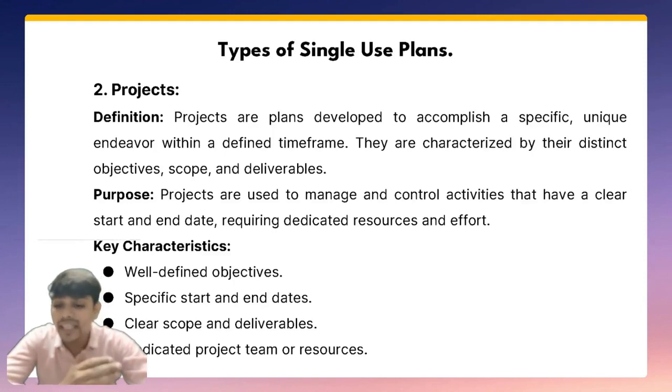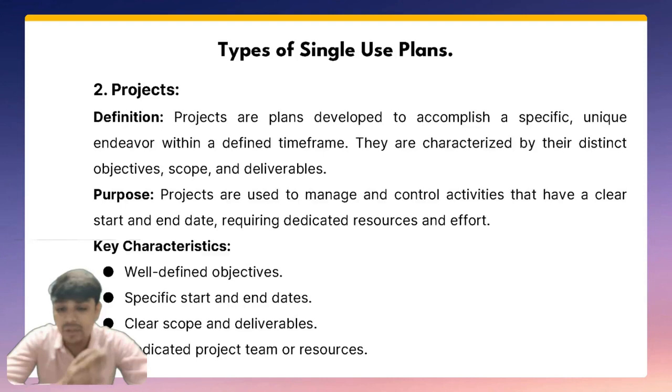Now, talking about the key characteristics of the project. So, first is well defined objective. So, everything that we expect in terms of project is priorly well defined. Second is specific start and end date. So, we have time duration clearly mentioned, and as per the time duration, project is undertaken.